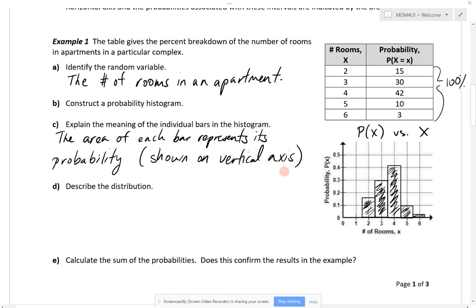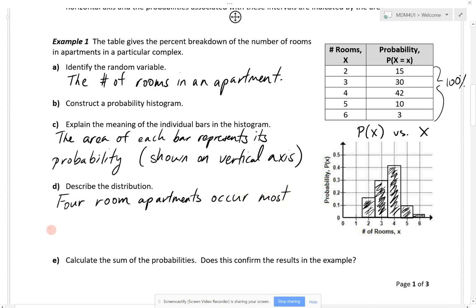Part D, describe the distribution. So we can say 4-room apartments occur most frequently. Okay, it just so happens we're looking at frequency and probability as being the same thing in this kind of problem, right?